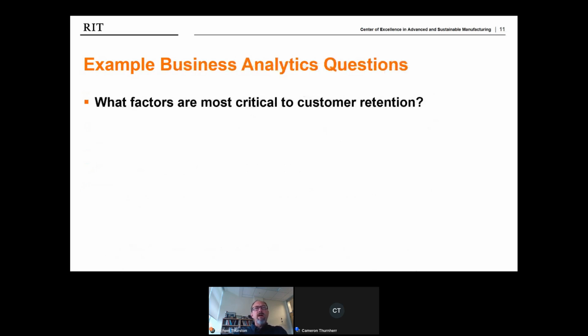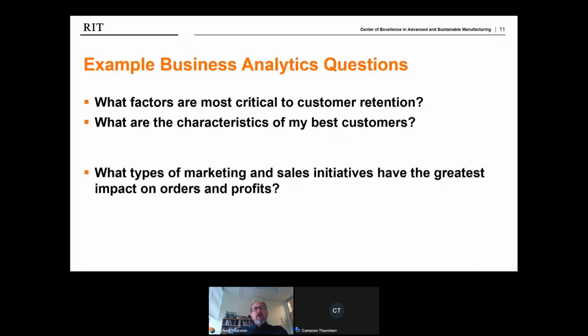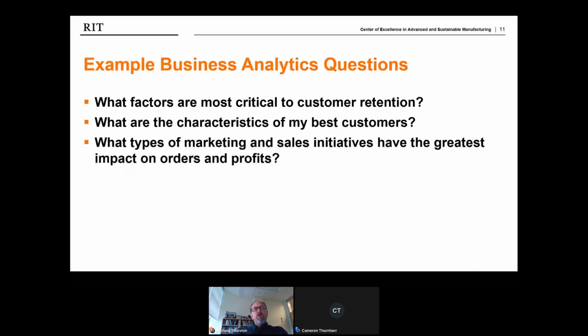So at the business level, some questions we may be interested in are: what factors are most critical to customer retention? What are the characteristics of my best customers so I can maybe handle them in different groups or prioritize their business? What types of marketing and sales initiatives have the greatest impact on orders and profits?